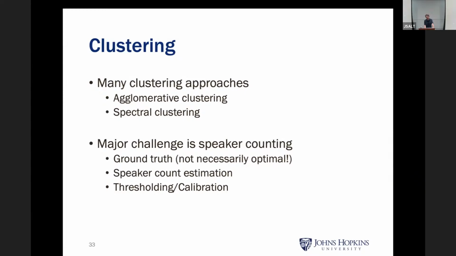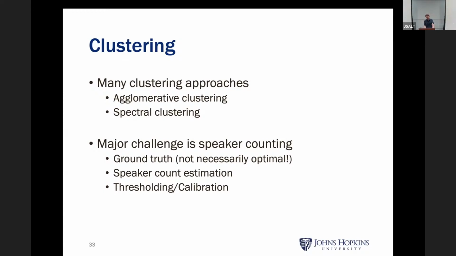So next, for clustering, clustering is clustering. Basically, you can try anything that works and it'll work some way or another. Agglomerative clustering and spectral clustering are the two that are most common. But one comment I'll make about this is that one of the challenges is speaker counting.